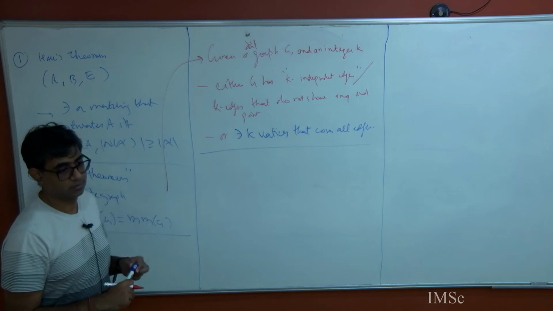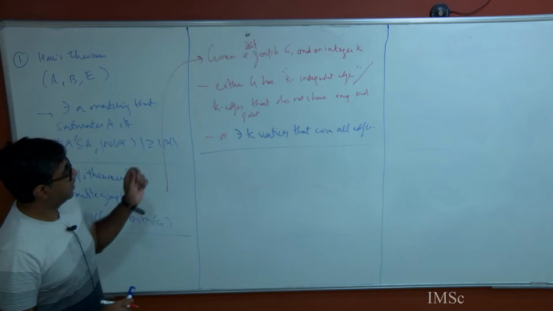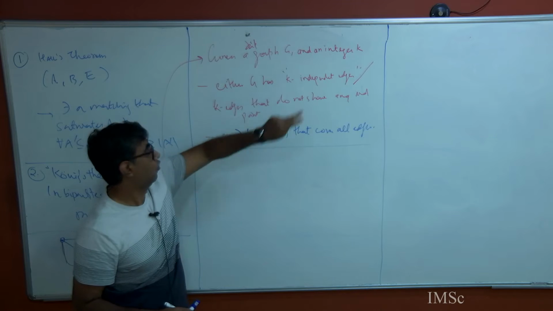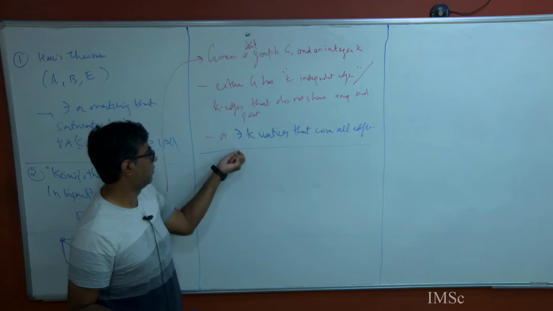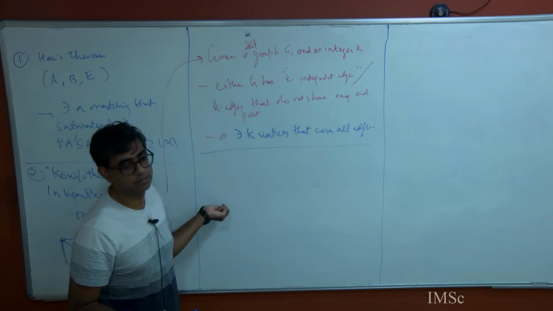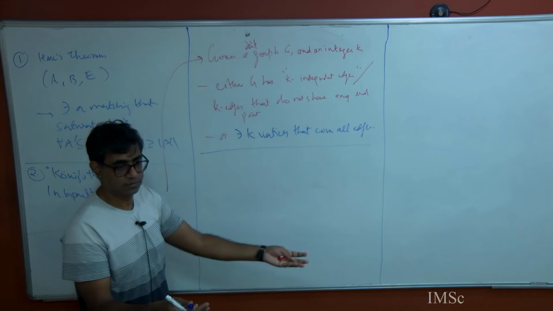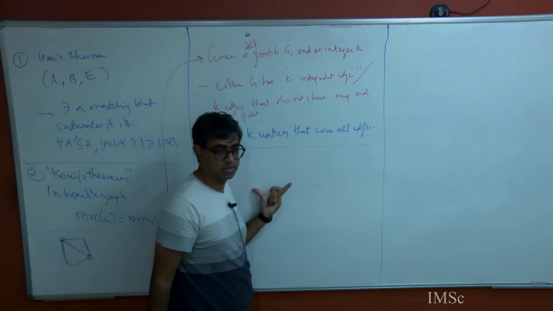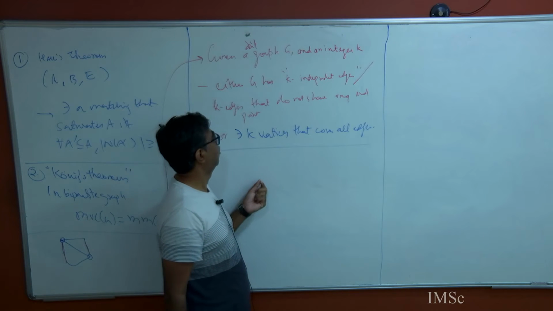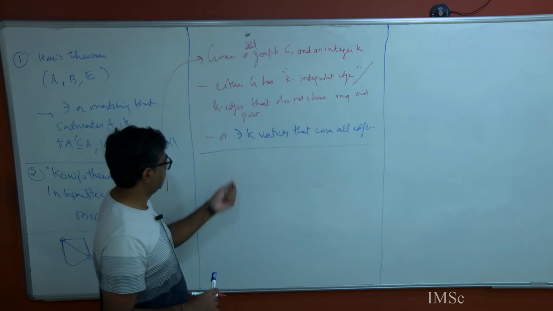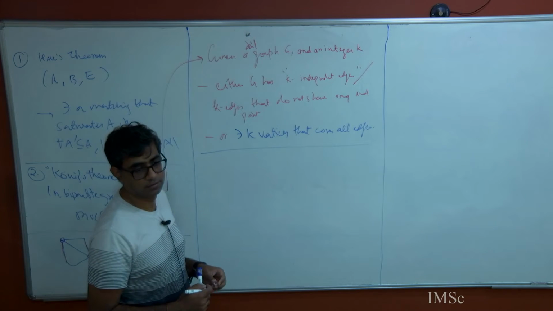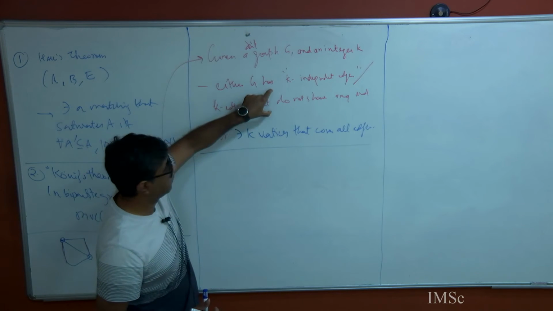Can I prove this from Koenig's theorem? Either the graph has k independent edges, or if it does not, then in fact I can cover with k minus 1 vertices. So, I give you a graph G. Either it has k independent edges, or if this statement is not true, then there are k vertices that cover all the edges, right. What is the meaning that the first statement does not hold?